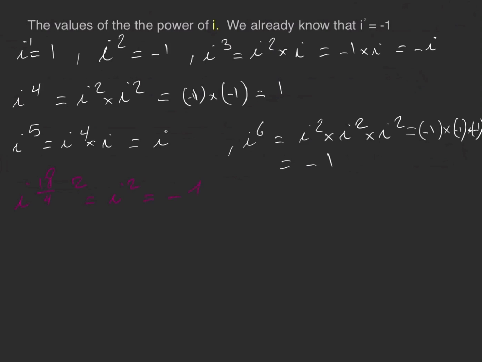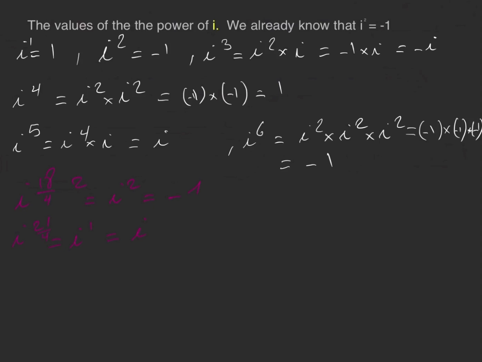If we find i to the 21st, we divide 21 by 4, and the remainder is 1. So i to the 21st is equal to i to the first, which is just i.